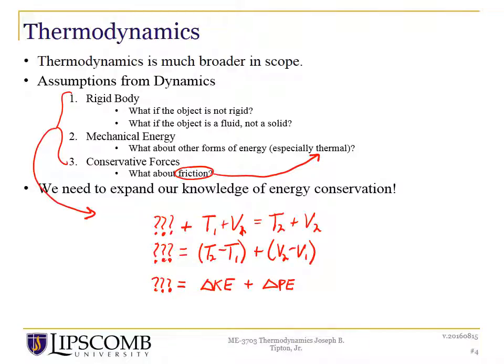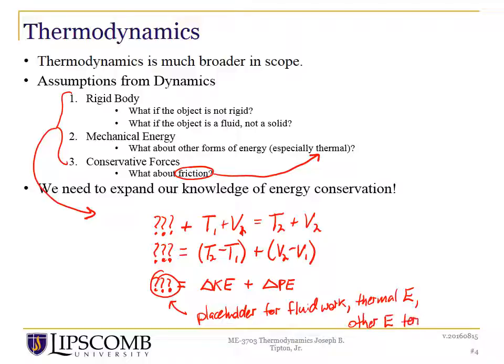So then this becomes our placeholder for what we're going to learn about things such as the work of a fluid, for one, thermal energy, for another, and I'll just write other energy terms as well. And that's where we're headed.